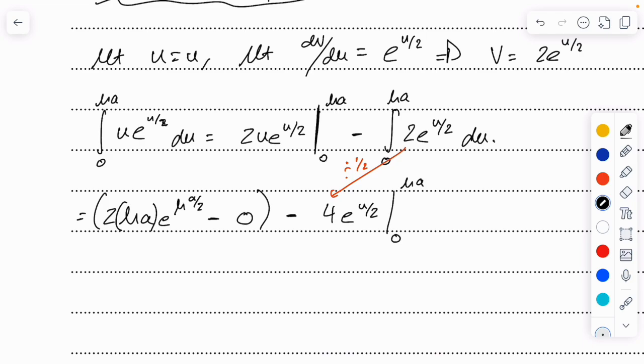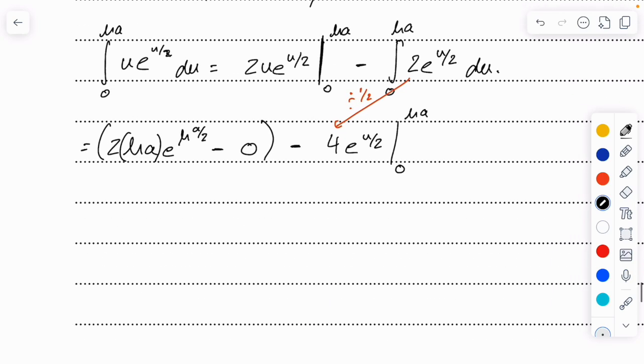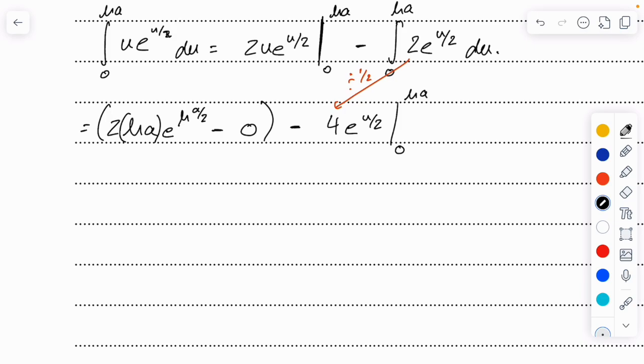Cool. Alright, so you can then say, if we simplify this down, we get 2 ln a to the half, minus 4 a to the half, minus 1.